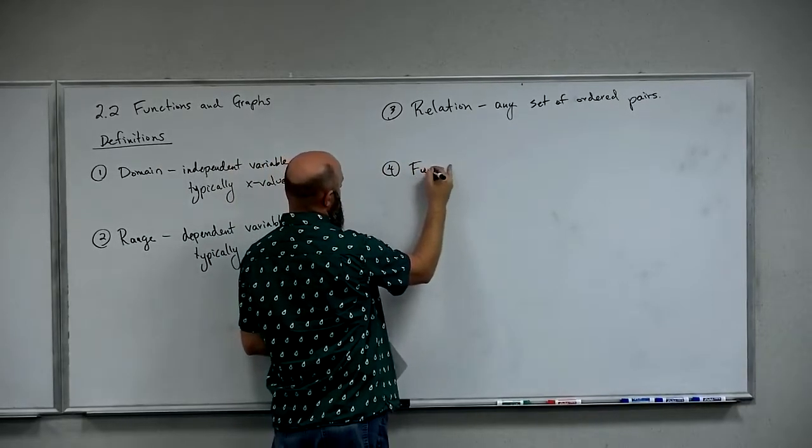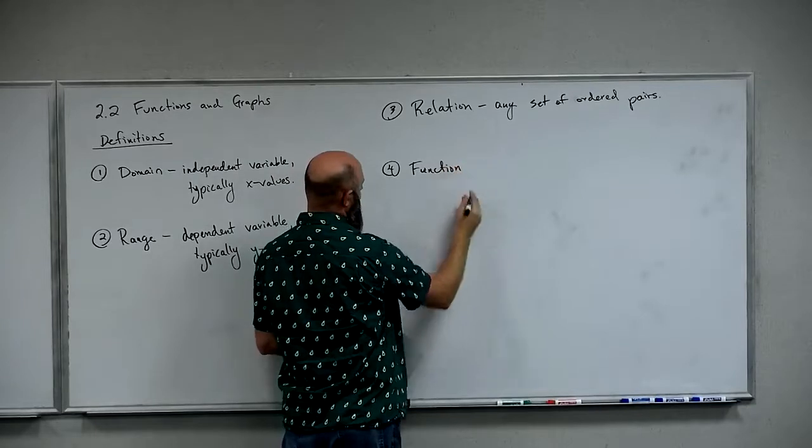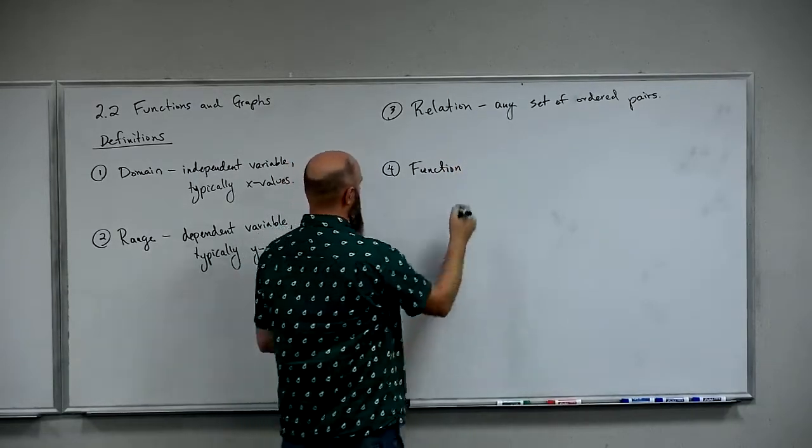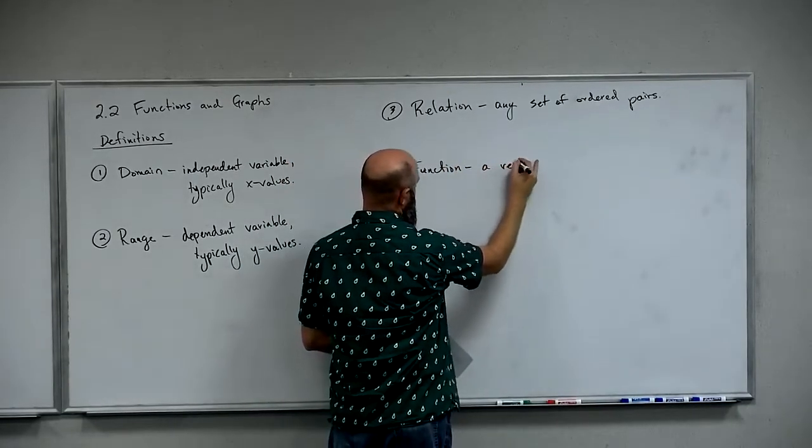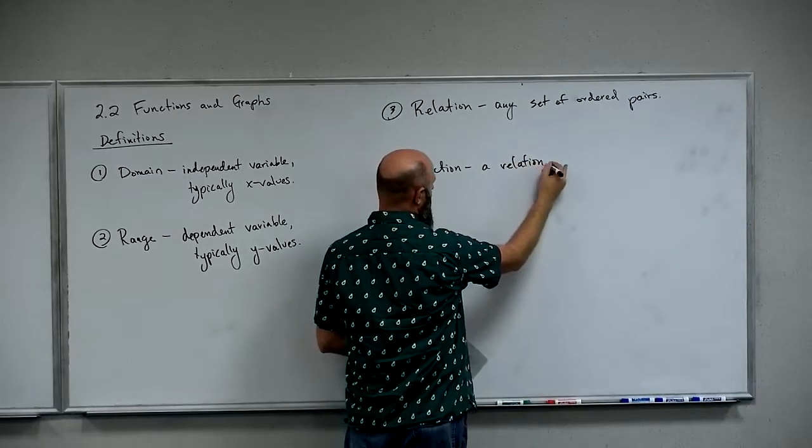And then our last definition here is function. So this is a relation. So we know that it has ordered pairs.